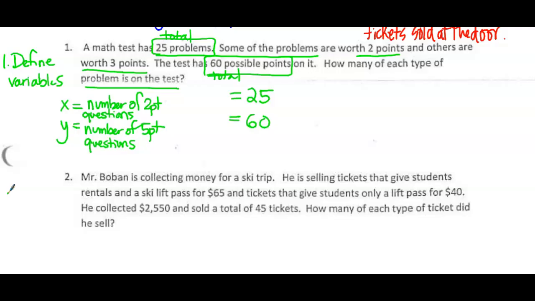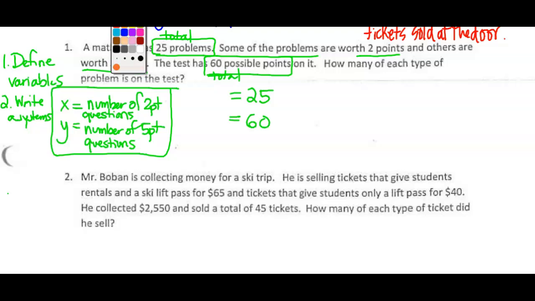So now we're going to finish and write our system. After you define variables, you write a system. So I'm going to go back over to where it says equals 25 and equals 60. 25 represented the problems, and 60 represented the points.